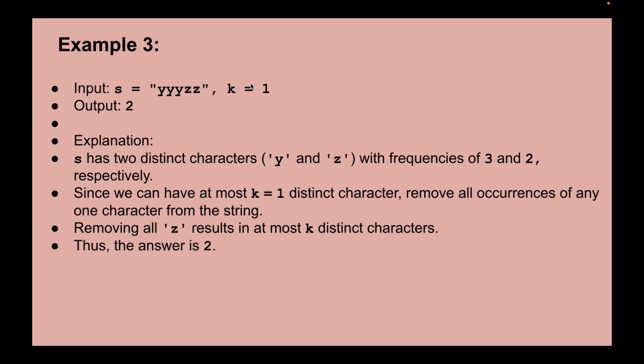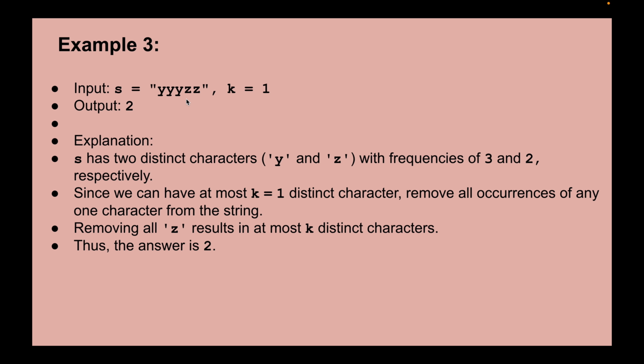Okay, similarly we have s equal to yyyzz, that is y 3 times and z 2 times, and k is equal to 1, right? So s has 2 distinct characters, y and z, with frequencies 3 and 2. We can keep at most one distinct character, so we have to remove all the occurrences of one character from the string.